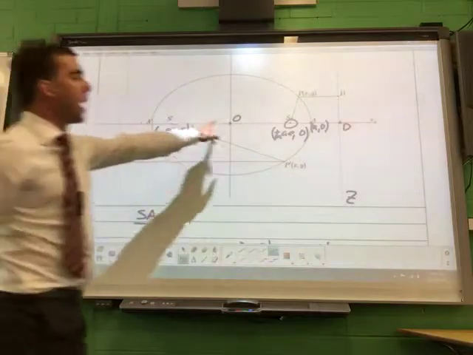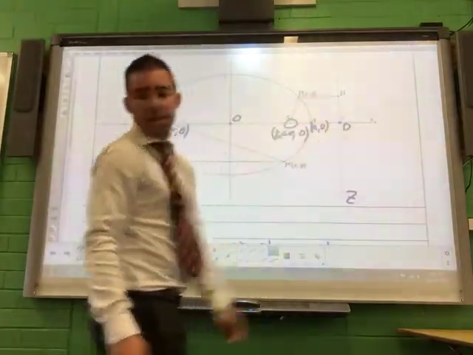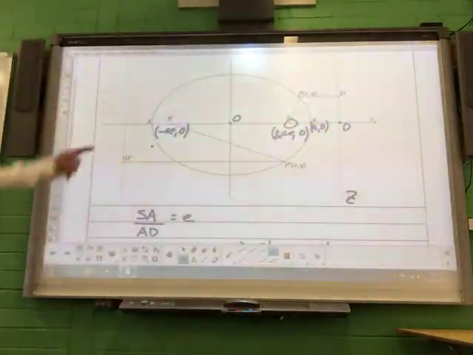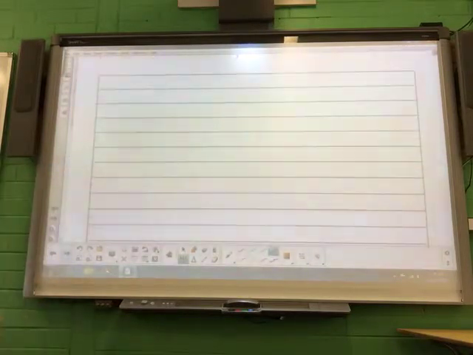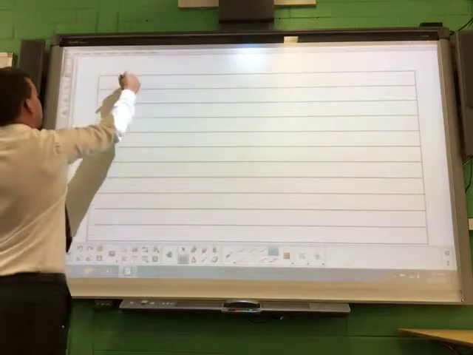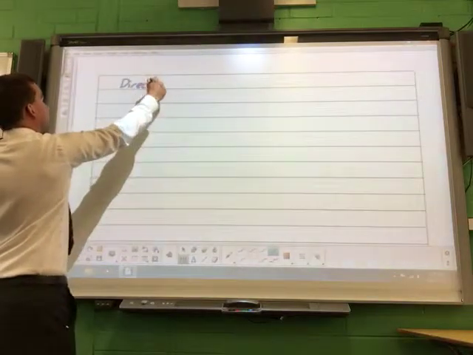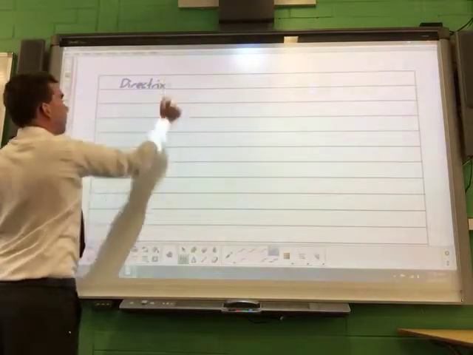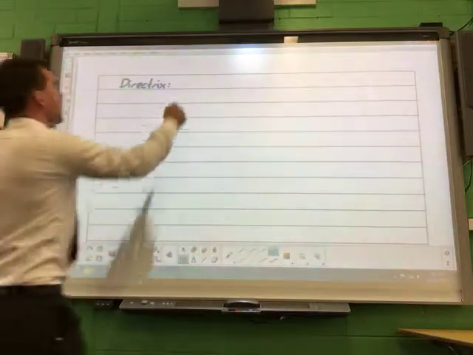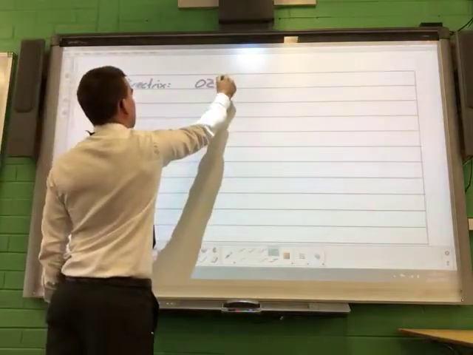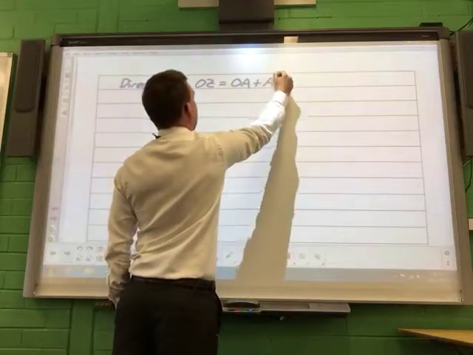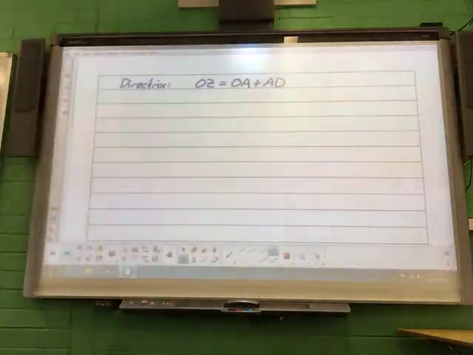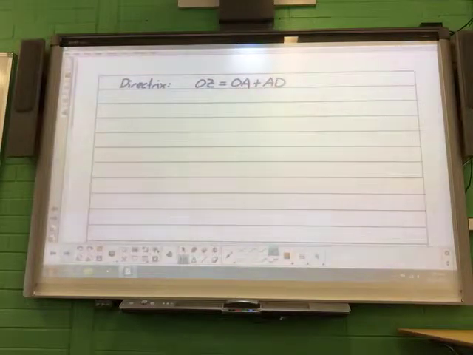Right, so it's going to be OA plus AD for the X value of Z where the directrix is. The directrix, okay, so OZ is OA plus AD. Right, because we've already got an expression for AD.